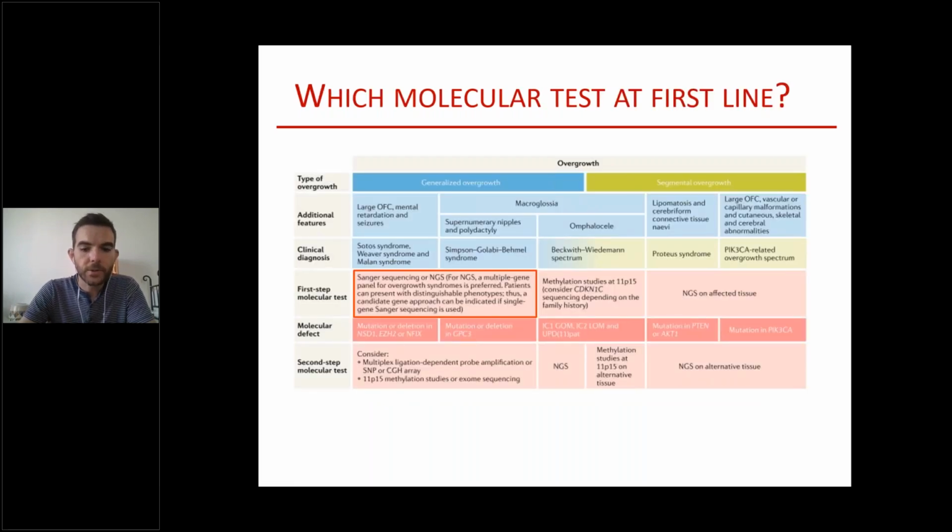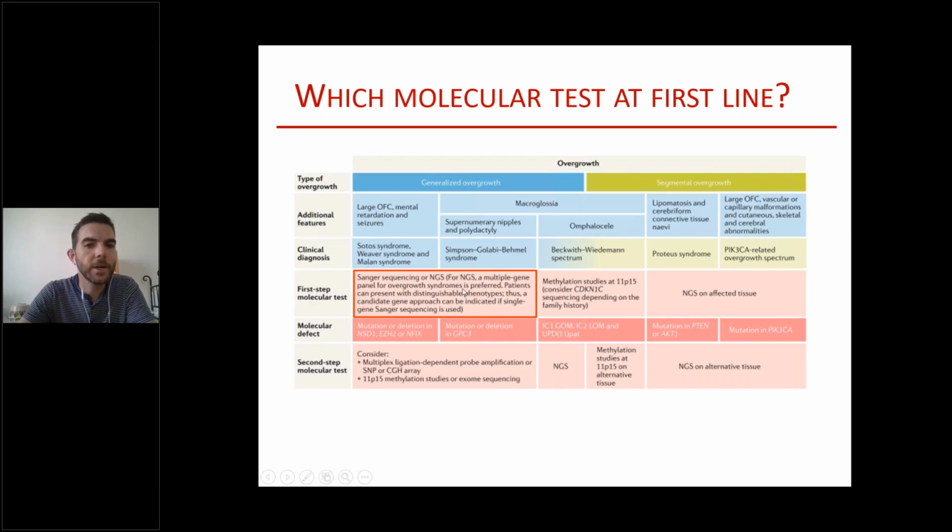It is important to know the strategy that will be performed in case of overgrowth syndromes, because if you think, for example, of Sotos, Weaver, Malan, and Simpson-Golabi-Behmel syndrome, then the first step will consist of sequencing.